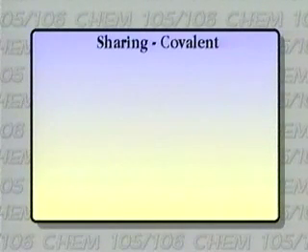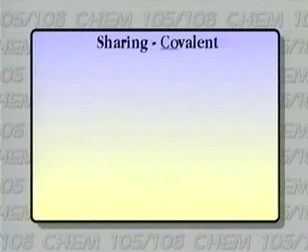And of course we know that the prefix co, like to cooperate, co-owners, whatever the case is, talks about a sharing of something. So covalent means a sharing of valence electrons. So if two things come together, for instance, and they can't become involved in a give and take process, then they might achieve a noble gas-like structure by a sharing process.